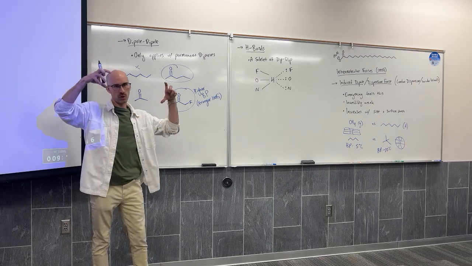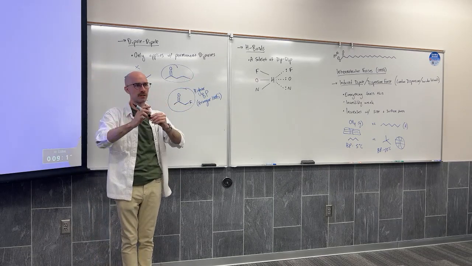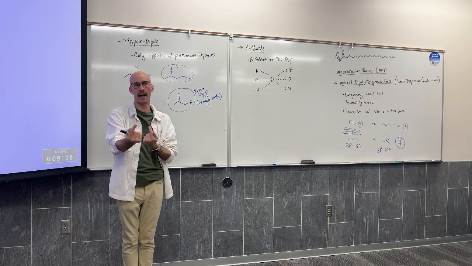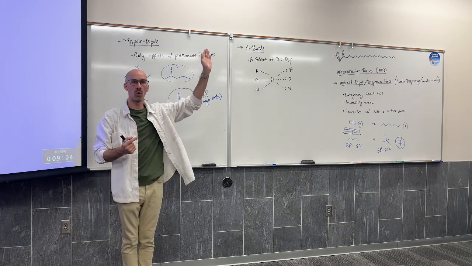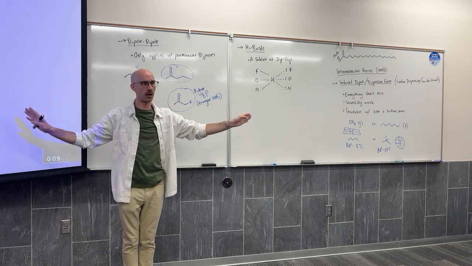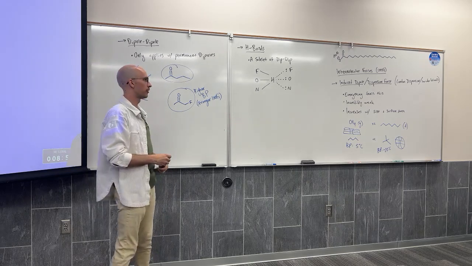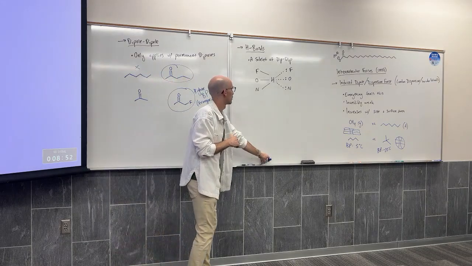The reason I've drawn it this way with all lines leading to that hydrogen is because it doesn't matter which combination you have. As long as a sample has one of these lone pairs and a hydrogen bonded to one of these atoms, you will see hydrogen bonding occur.